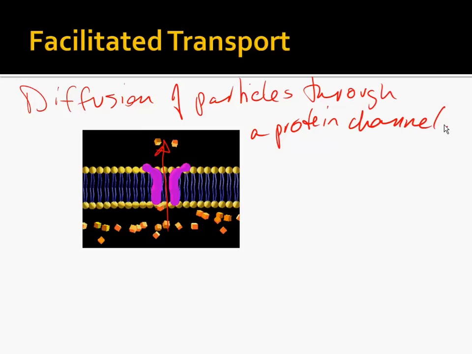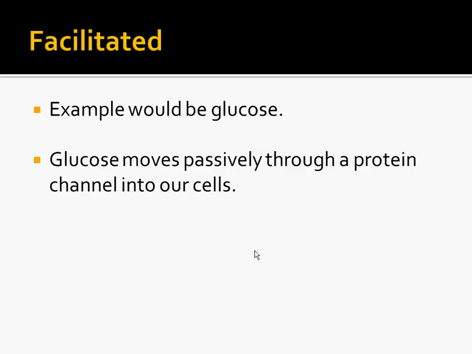So it's similar to diffusion, because particles are moving from an area of high concentration, and it could be high outside or high inside, to an area of low concentration, and they're moving through a protein channel. So the difference between diffusion and facilitated is that in facilitated, they use a protein channel.